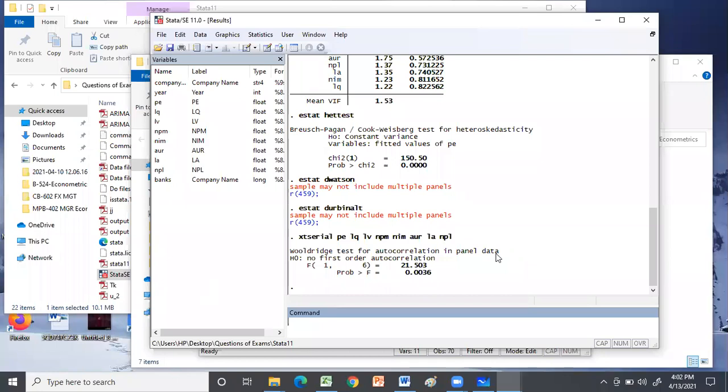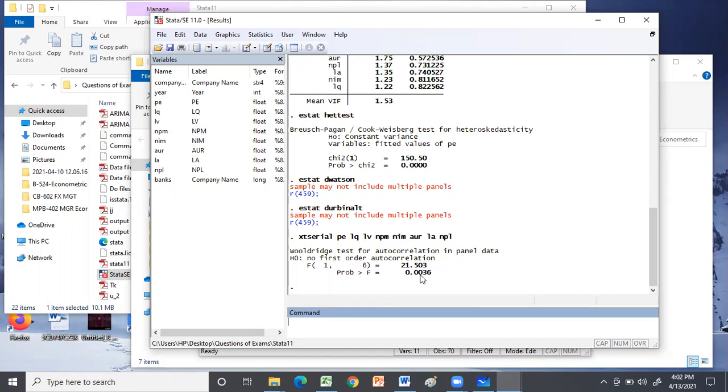So in panel data, to test autocorrelation, Wooldridge has suggested a model where the null hypothesis is that there is no first order autocorrelation, no positive, no negative autocorrelation. He has calculated the F ratio, which is found to be 21.503, whose p-value is 0.0036. P-value is less than 0.05, which concludes what?